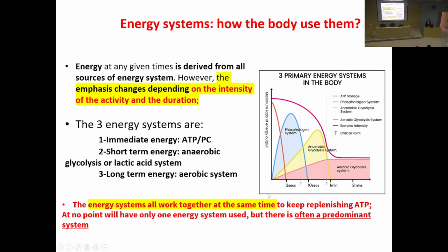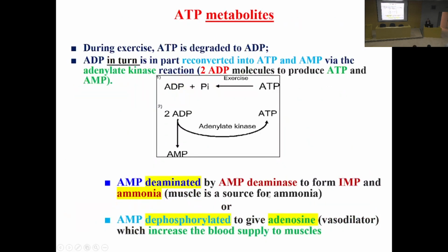You want me to repeat? ATP to ADP, then ADP to AMP, then? So ATP will be hydrolyzed, it will be consumed during muscle cell contraction, and it will be converted into ADP. All right. So this molecule of ADP can be rephosphorylated, and we can regenerate ATP.